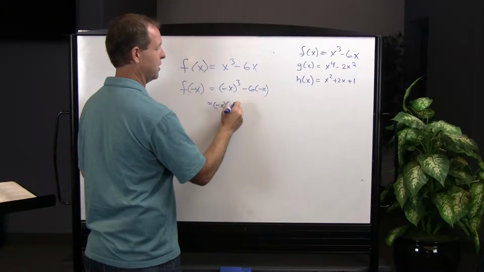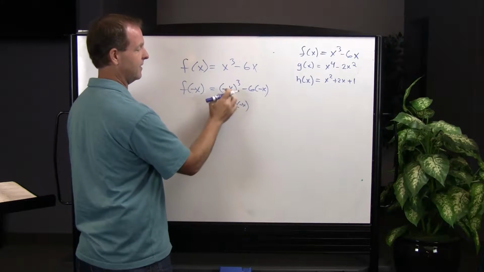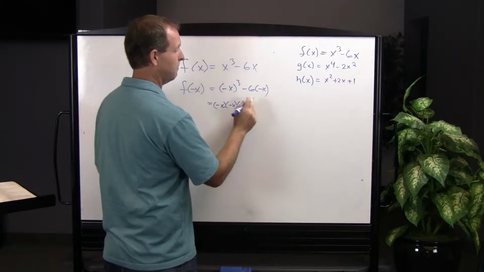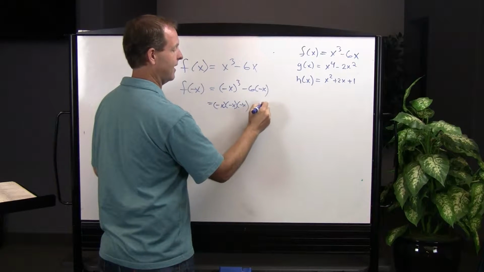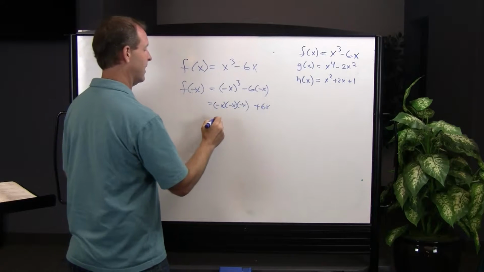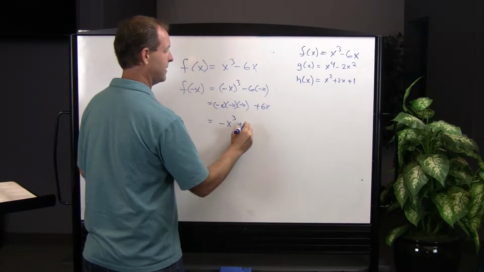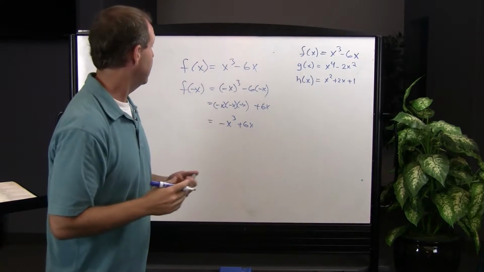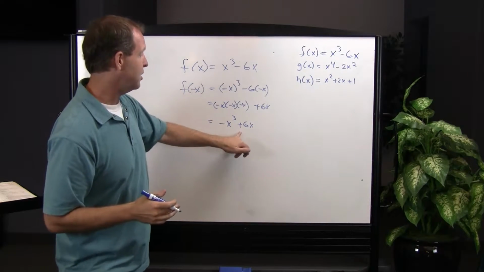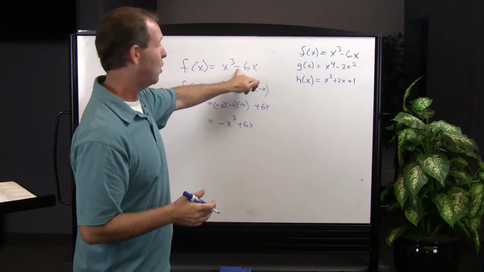I'm going to write this one out just so we can really see it. Negative x times negative x times negative x is negative x cubed. Minus 6 times the negative x gives me a plus 6x. So I get negative x cubed plus 6x. If you notice, the signs of each of these terms are the opposite of our original terms.